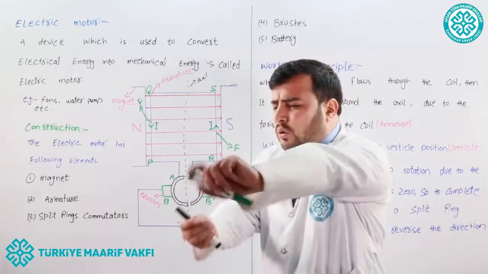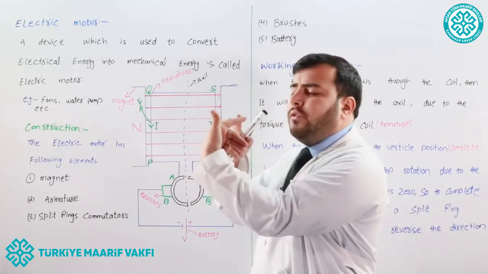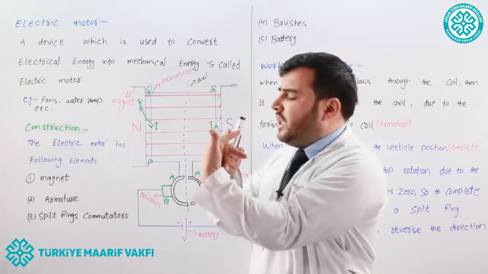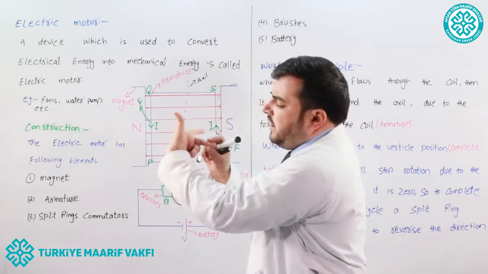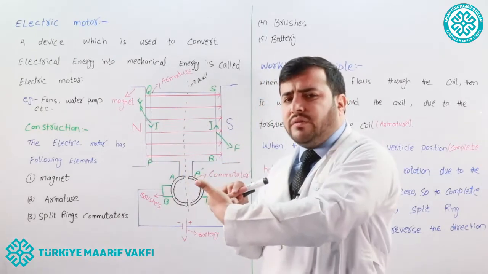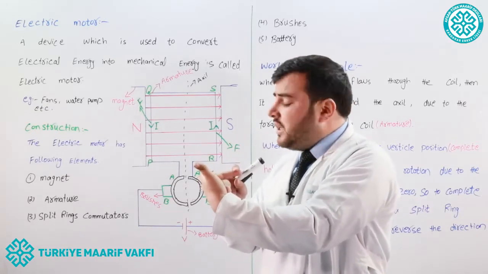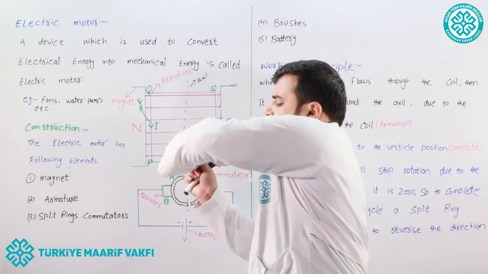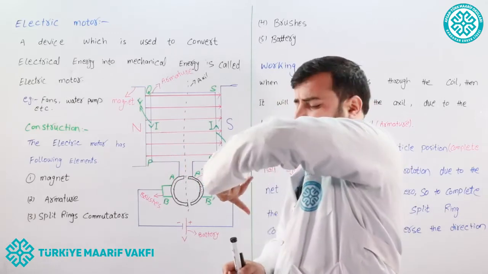Now look here, what Fleming's left hand rule was: the forefinger is placed in the direction of the magnetic field. Like here you can see it is from north to south, and the middle finger is in the direction of the current, which is flowing from R to S upward, like this.